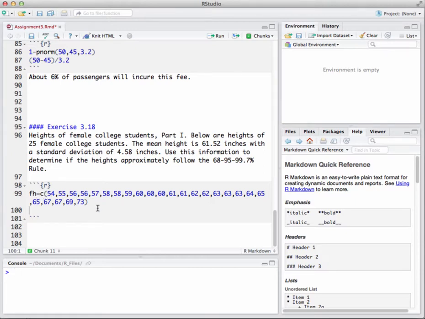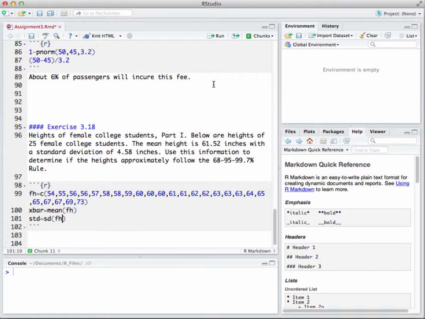I've named it female height, so FH equals, and then of course C for column. We're putting in a single vector of numbers, and then if you want to do a little error check to make sure you got your numbers put in there correctly, you can come down here. We're going to need it in a minute anyway, so we could type in x bar equals the mean of FH. So it's a really good idea once you get done just to check your work. And the STD is equal to the standard deviation of the female heights.